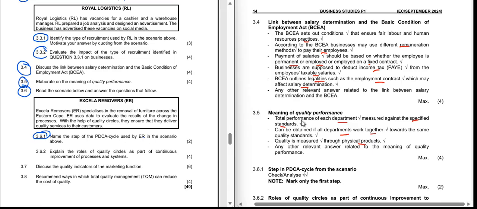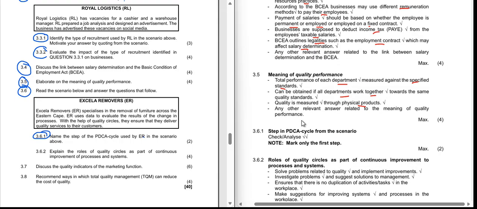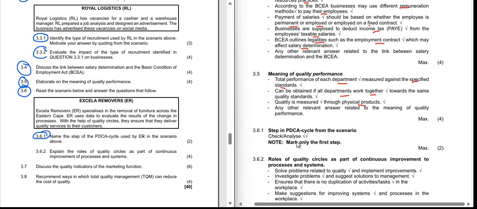So this is check or analyze. The fact that they said Exceller Removers uses data to evaluate, that's analyze here. Evaluate the results of the change in the processes. So that's the answer for this one.